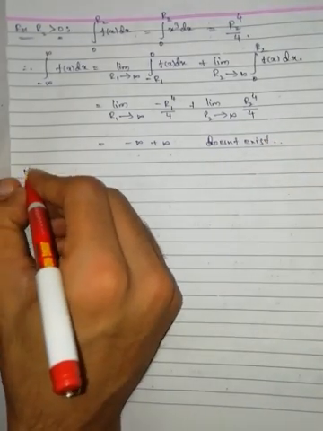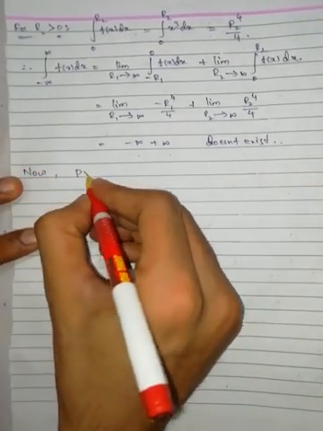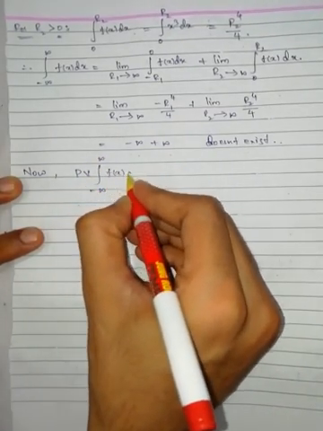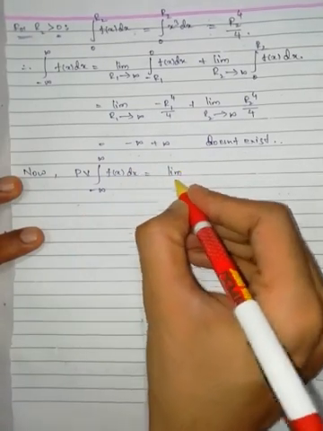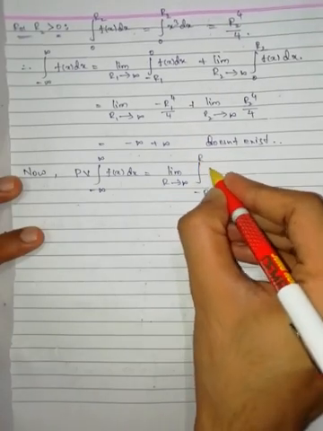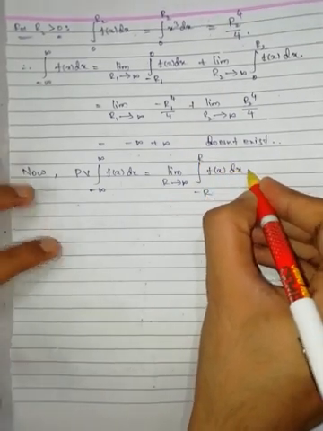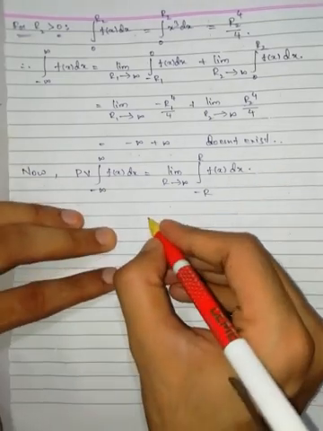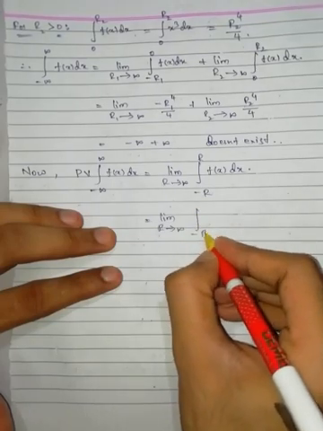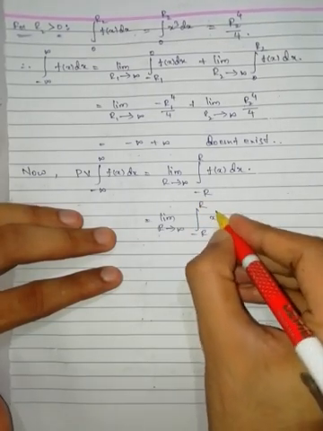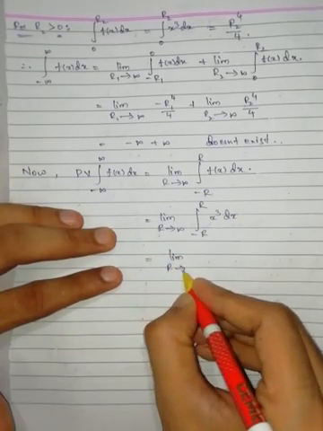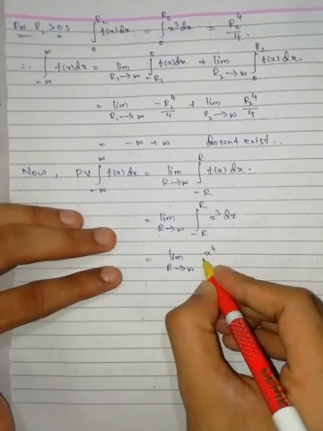Now, the principal value of integration minus infinity to infinity f of x dx is nothing but limit r tends to infinity integration minus r to r f of x dx, which is nothing but limit r tends to infinity integration minus r to r x cube dx, which is equal to limit r tends to infinity x to the power of 4 by 4.